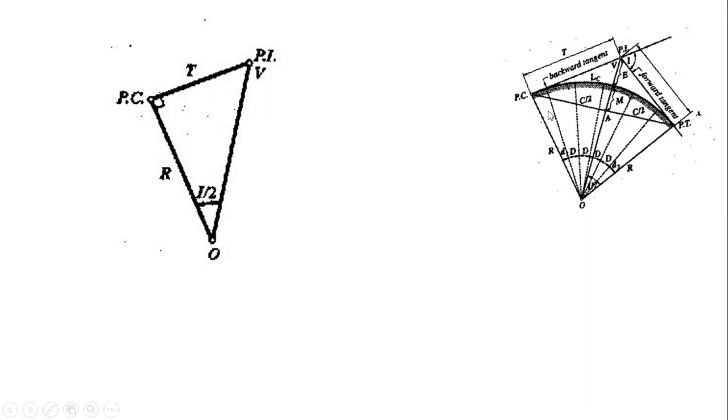So from this simple curve, if we try to isolate this triangle, from PC to PI to point O, we have the following variables: R, T, and of course this angle as I over 2, since our central angle is I, and this is a line of symmetry. So this will cut the angle into two equal parts.